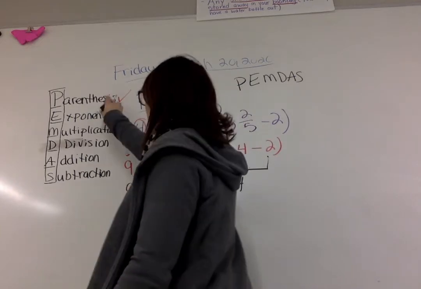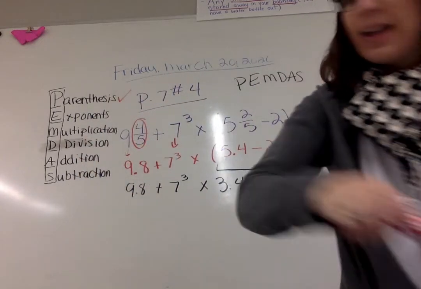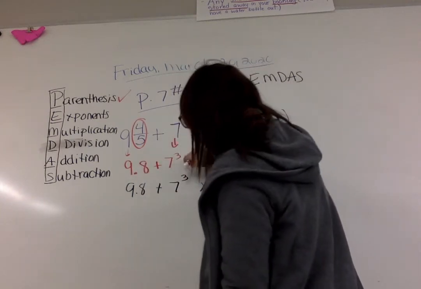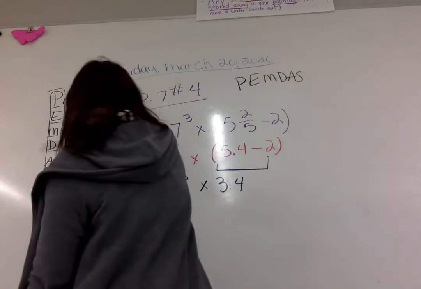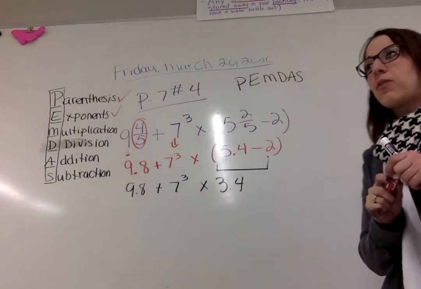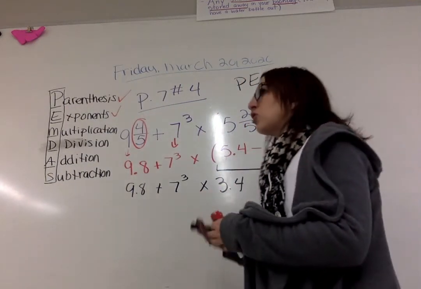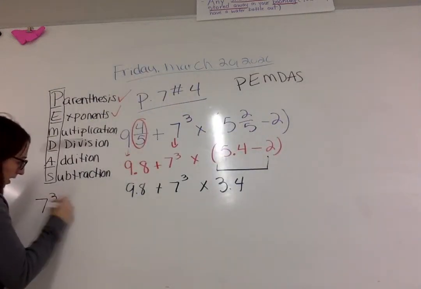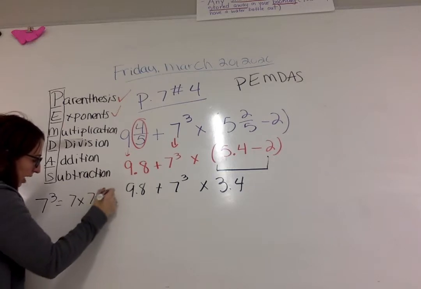So now, parentheses, done. Exponents, that's a power, a number raised. Here, the exponent is 3. So we need to expand out what is 7 to the 3rd power. 7 to the 3rd power is the same as 7 times 7 times 7.